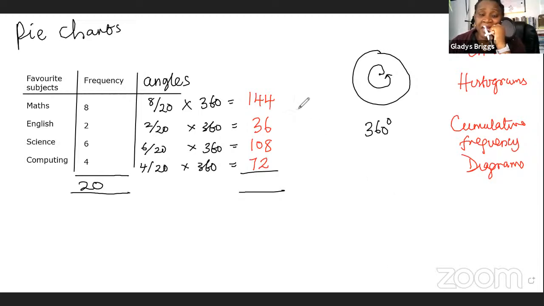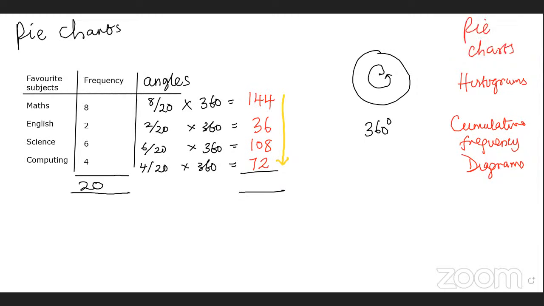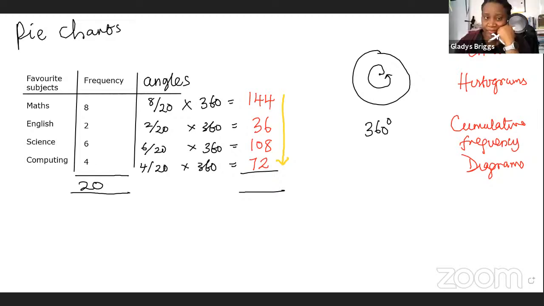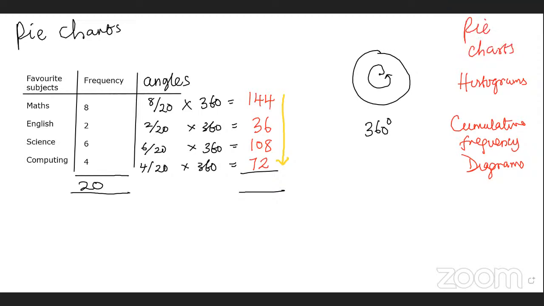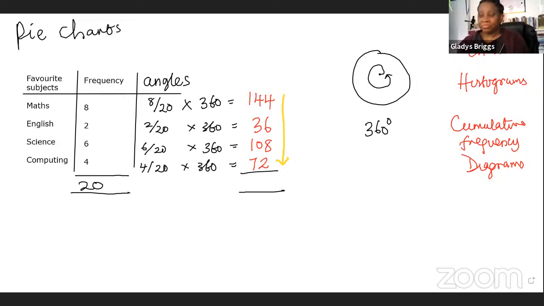When you add them all up, they should make 360 degrees. So check that they all add up to 360 degrees. Miss, always 360, always a circle. Yes.